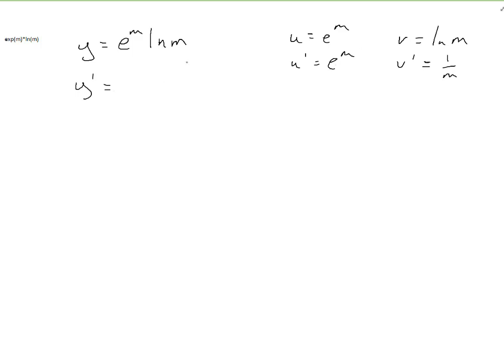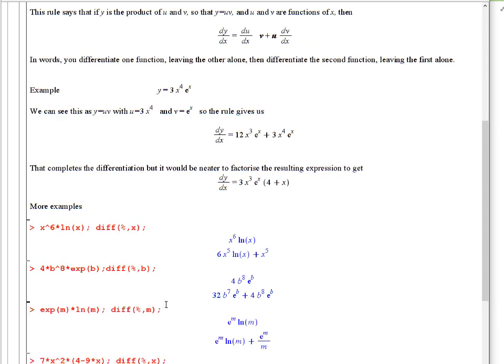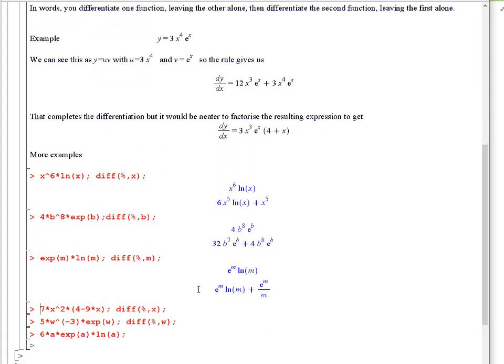It's this one times this one. This differentiated times this, plus this left alone times this differentiated. Okay, and then you can take out these then as a common factor. So that's that one. That's good. Next one.